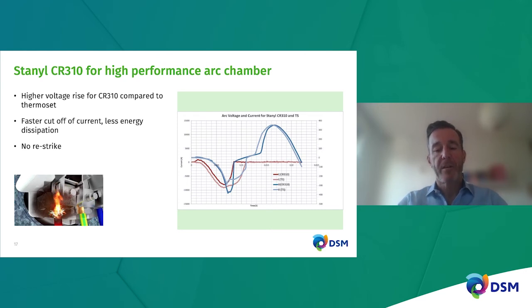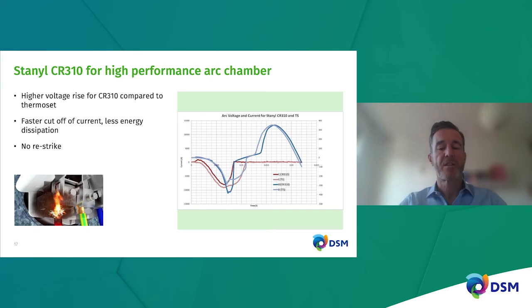For the current, one sees the dark red line is the current curve of Stenil CR310, and the surface below the curve is the dissipated energy. The light red curve is the curve for the thermoset material, so the initial material used in the arc chute. And there you see that the surface below the curve is much bigger.